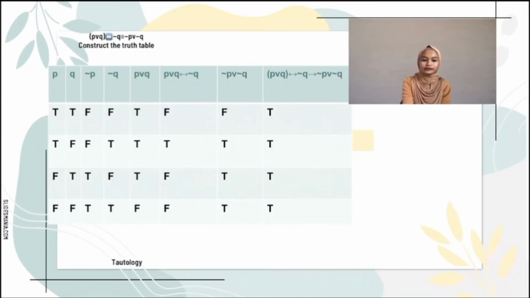The question is, P disjunction Q by conditional negation of Q implies not P disjunction not Q. Construct the truth table.